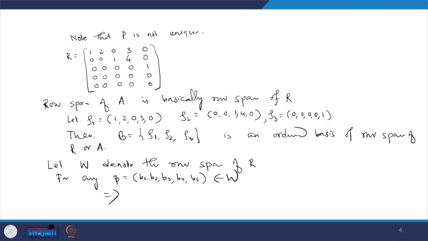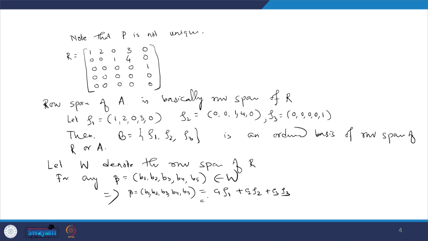I mean to say there are constants c1, c2, c3 over the field of real numbers R such that beta equals c1 into row 1 plus c2 row 2 plus c3 row 3.